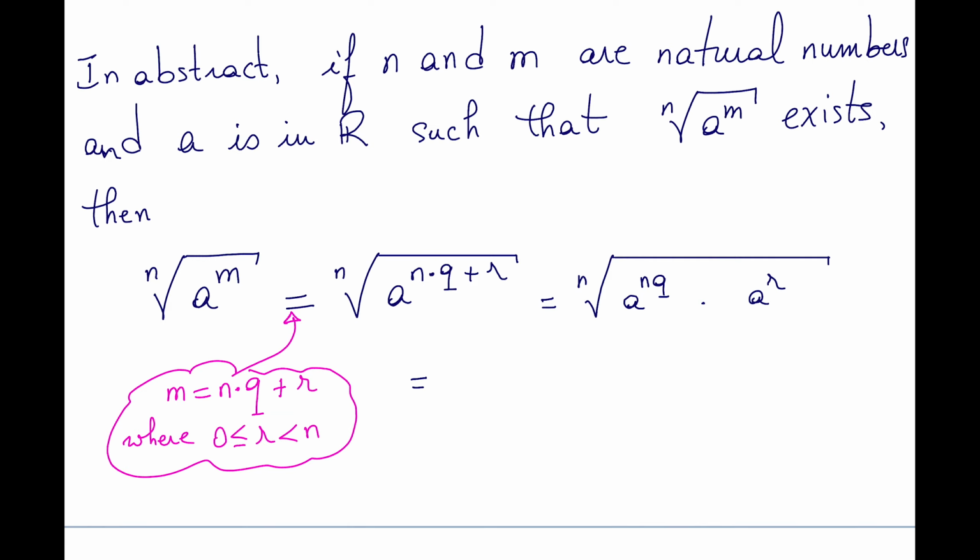And this is equal to, by the product rule for radicals, the nth root of a to power nq times the nth root of a to power r, right? This is simplified here because r is smaller than n, so there exists no divisor other than 1 for a^r that's a perfect nth power, right?